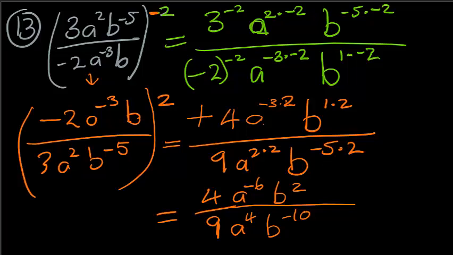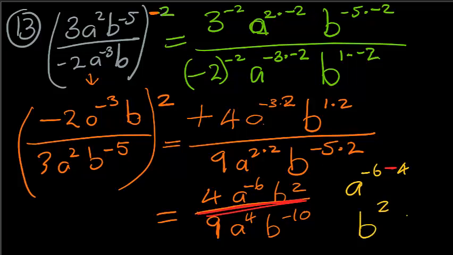Now I want to simplify, right? So I am going to work with my exponents. a^-6, then minus for the fraction line, 4 at the bottom, and my b is going to be 2, minus for the fraction line, and then minus 10, which is at the bottom.